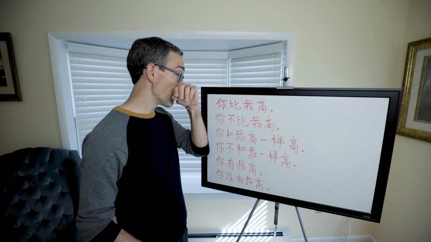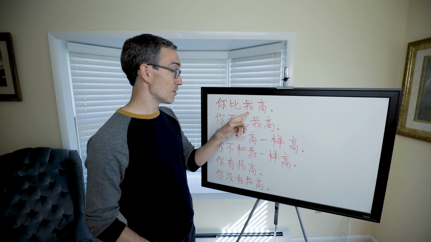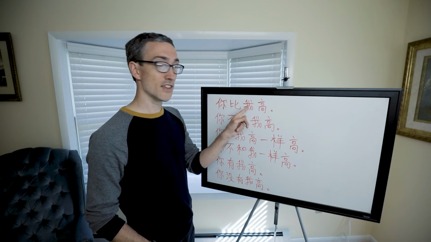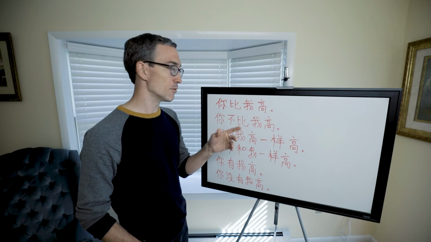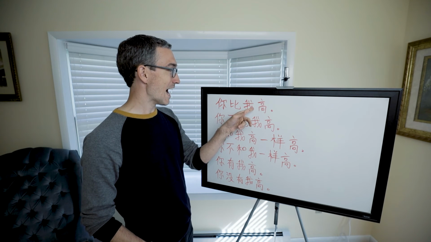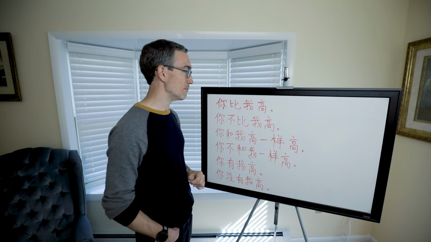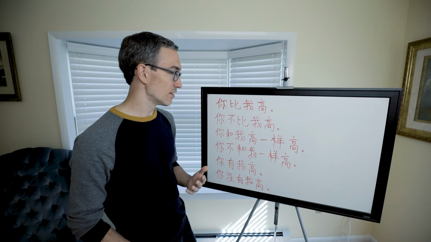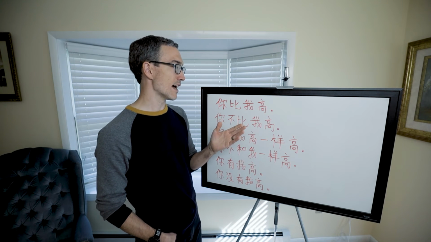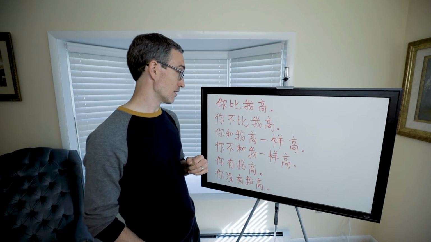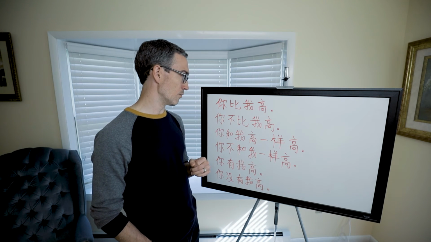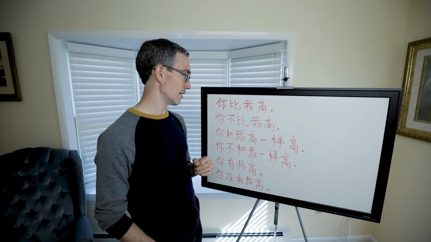Now you may remember that you can put modifiers on either side of the adjective to adjust the degree or adjust the meaning a little bit. So if I put 高, it means even taller. 更 often has that meaning too, like even, or what else could we put in the beginning there? I forget.